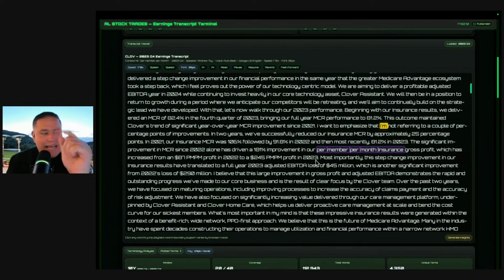So isn't that interesting? So it used to be $245. It used to be $87.